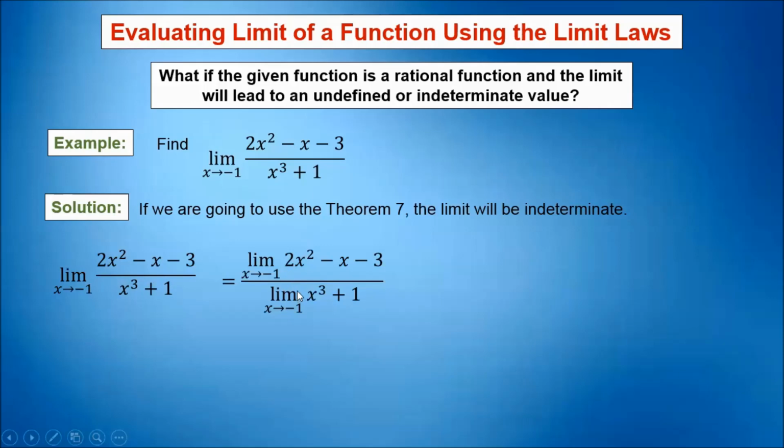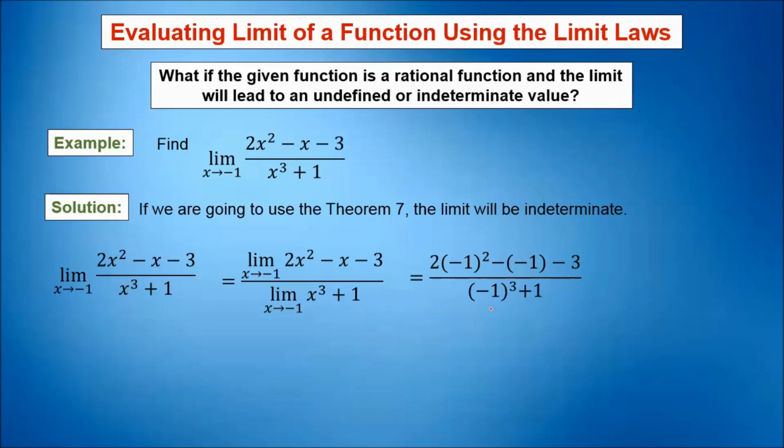So we separate the limit of the numerator and the limit of the denominator. By applying again our theorem number 10 on this one, because the numerator is a polynomial and the denominator is also a polynomial, we're just going to substitute -1 as the value of x. For the numerator, the limit will be 2 times -1 squared minus -1 minus 3.